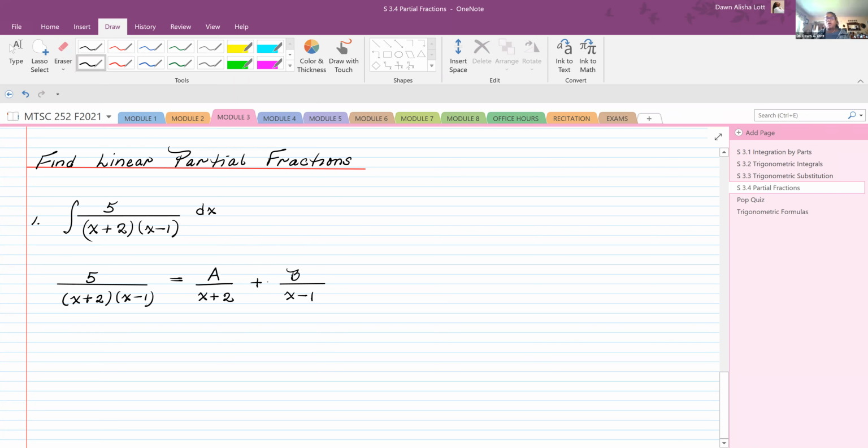Okay, so I use the factors of the denominator. So notice we split the rational function using the factors of the denominator.